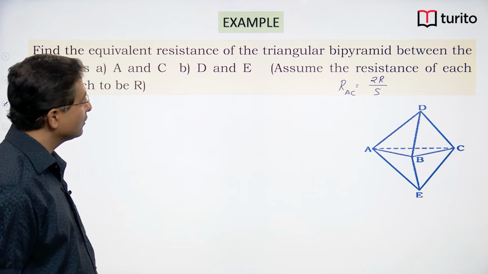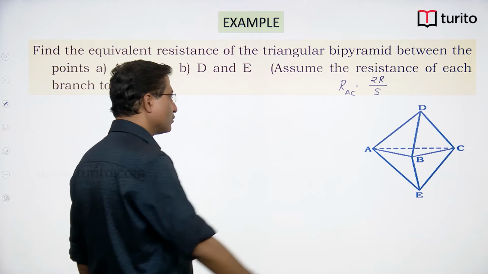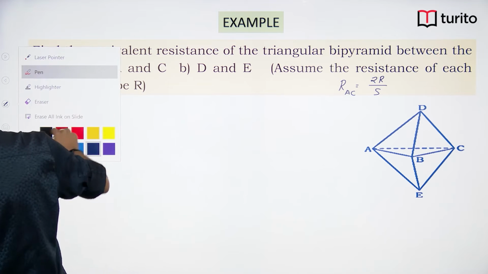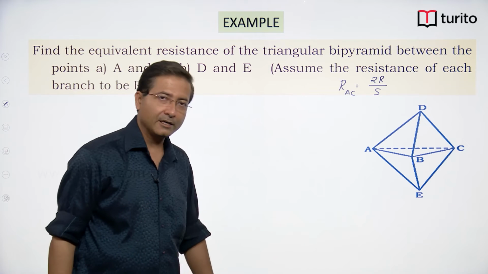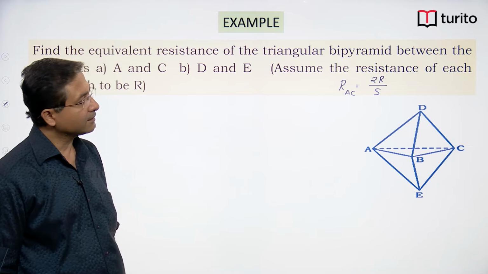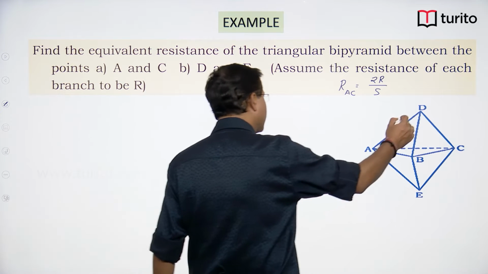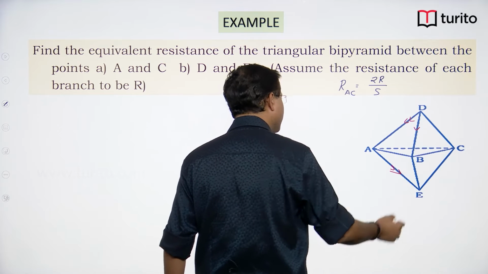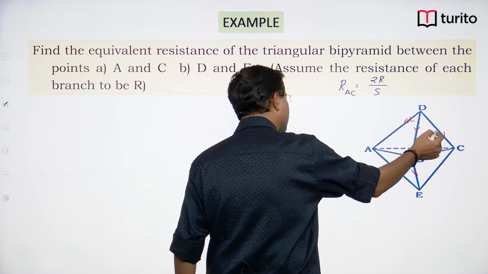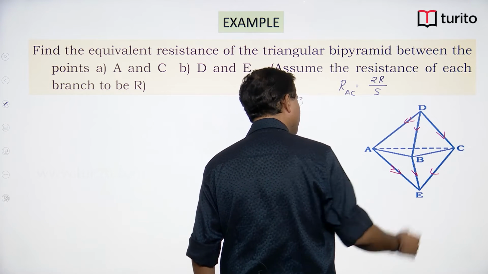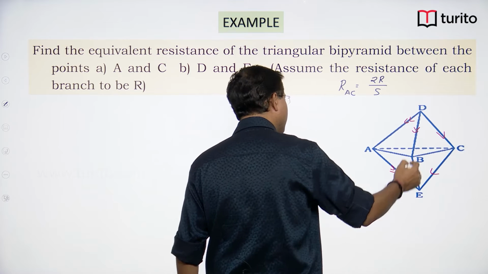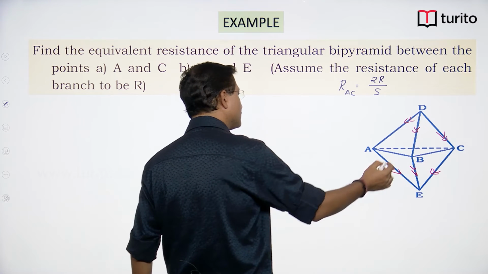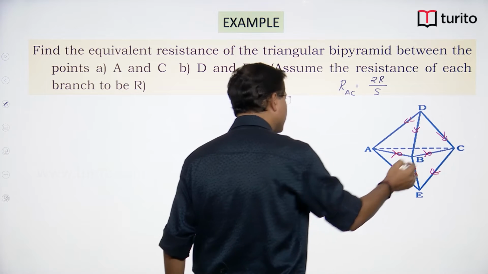Now DE. So across DE we have to see, again we are getting input output symmetry. Look at the circuit. This current will directly go and reach here, this current will reach here, and this current will reach here. So there is no role of this resistor and no role of this resistor.